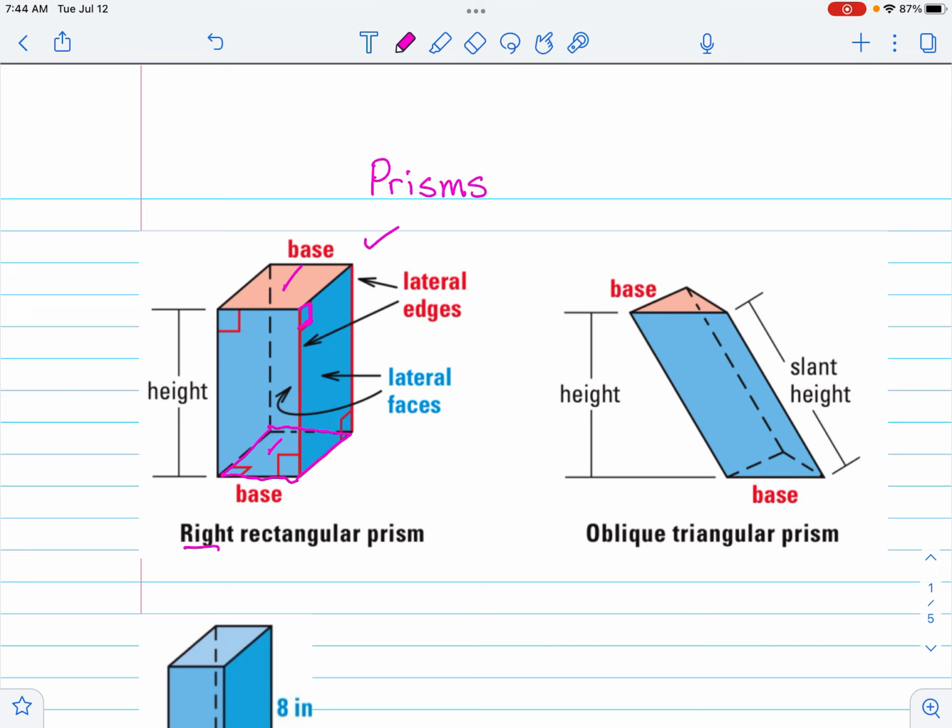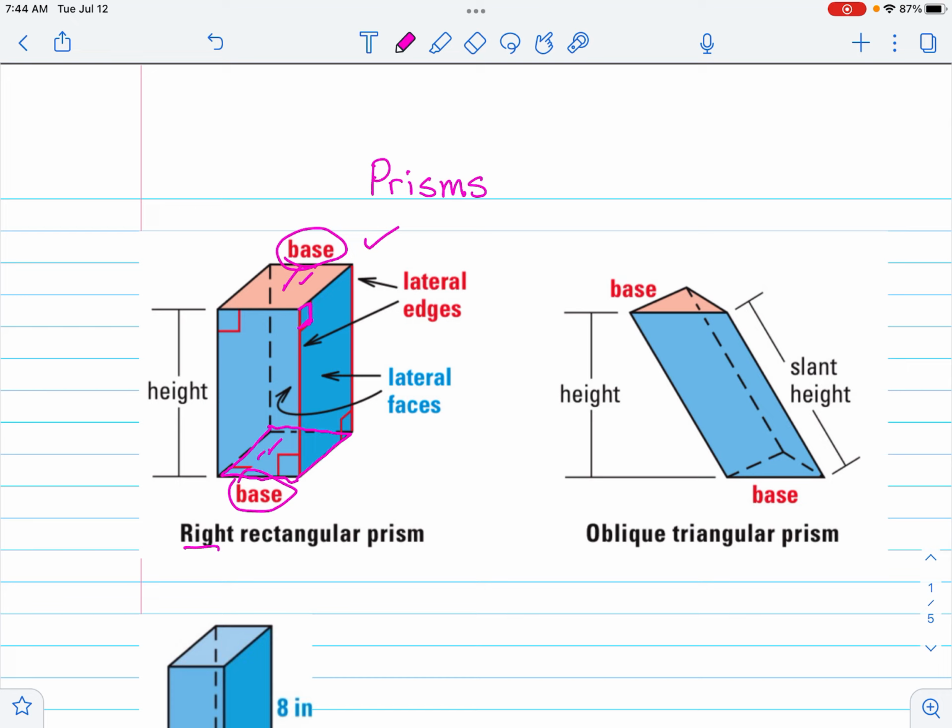So you've got this face up here and this face down here, and we call these bases. The congruent parallel faces we call bases, and the other faces we call lateral faces.